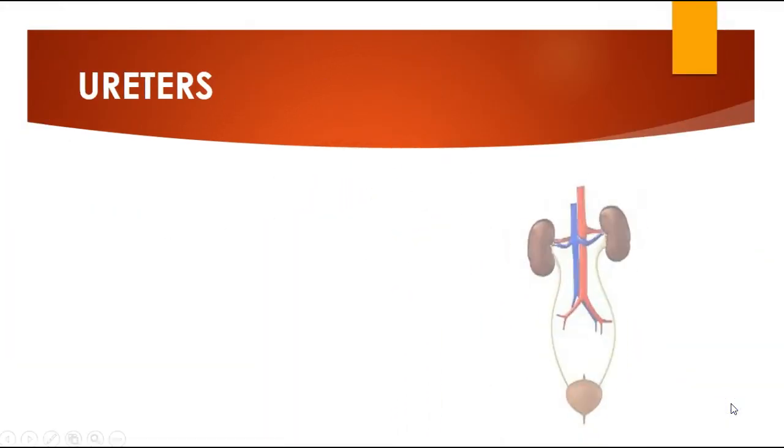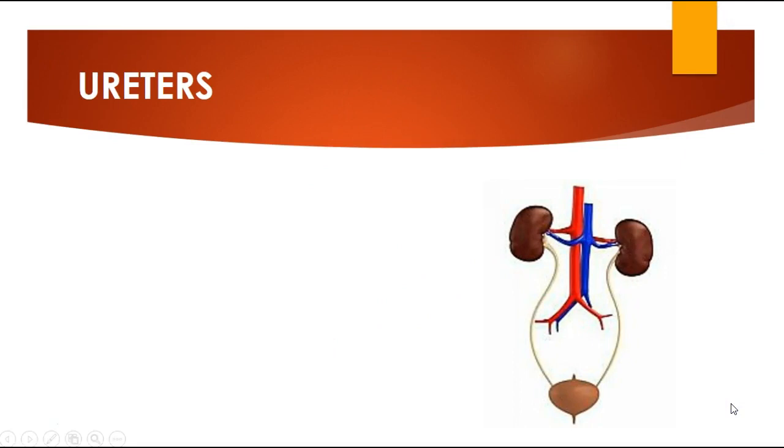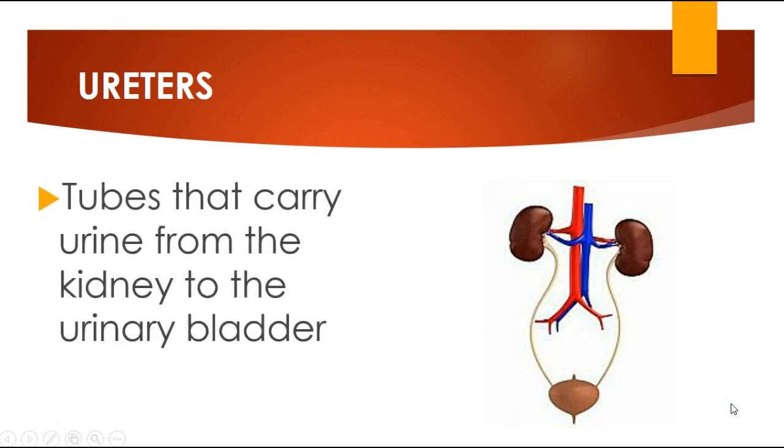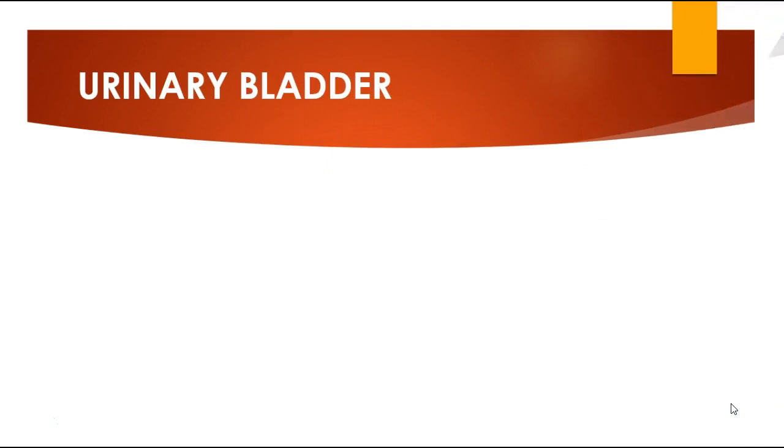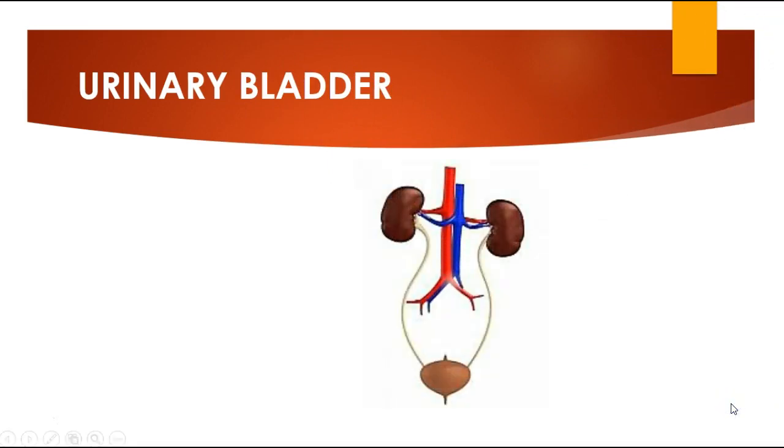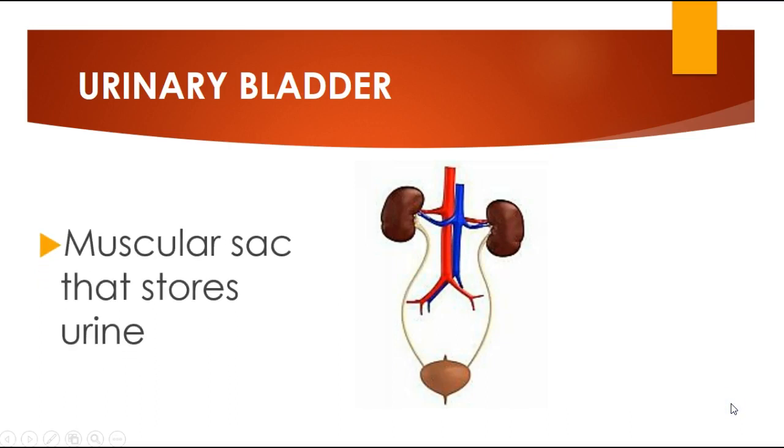And then once the nephrons inside the kidney filter that blood, it takes all of that waste product and makes urine. And that urine then travels through tubes called ureters. And these tubes transport urine from the kidneys to the urinary bladder. And the urinary bladder is a muscular sac that stores urine.